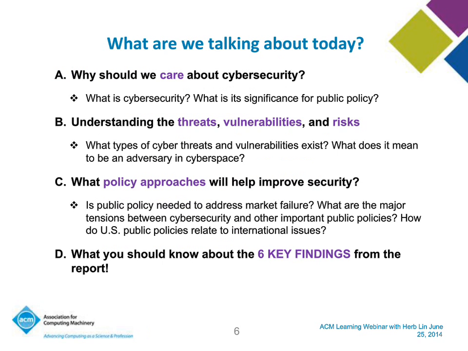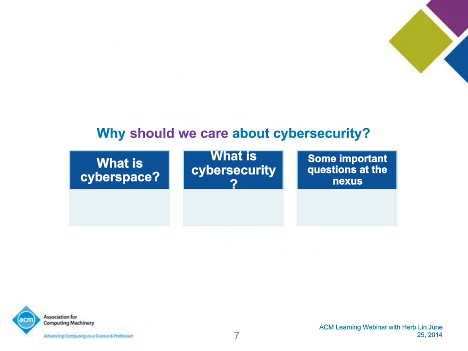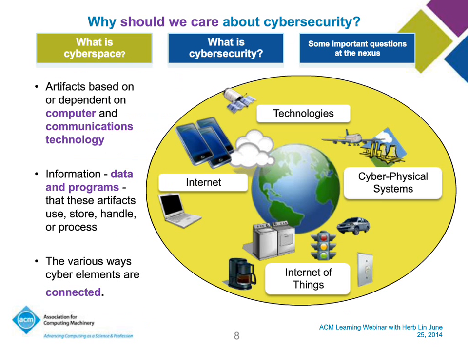So why should we care about public policy and cybersecurity? Well, first we need to think about what cyberspace is, and then what cybersecurity is, and then try to understand how those things connect to the public policy debate. We talk about cyberspace as three elements, basically. It's artifacts that depend on actual physical hardware, which is what we would generally call electronics.